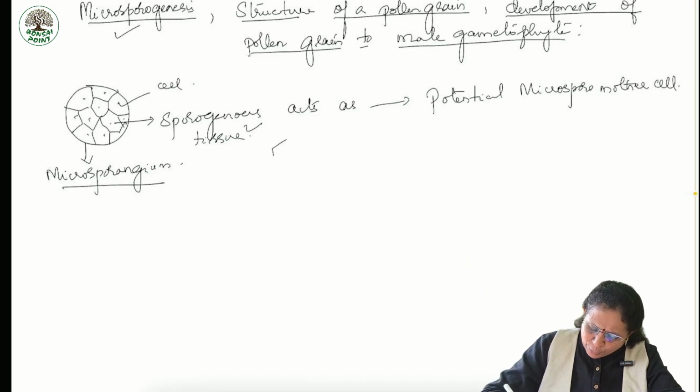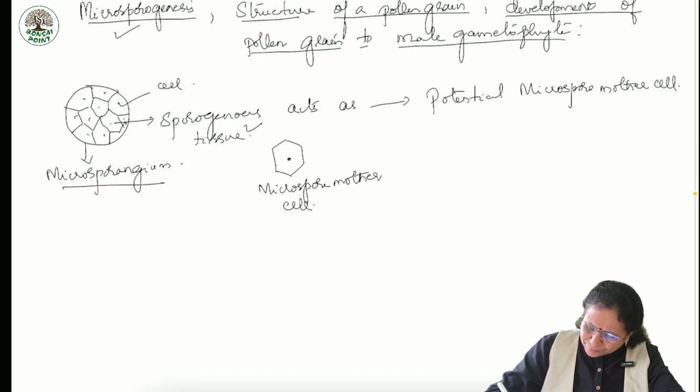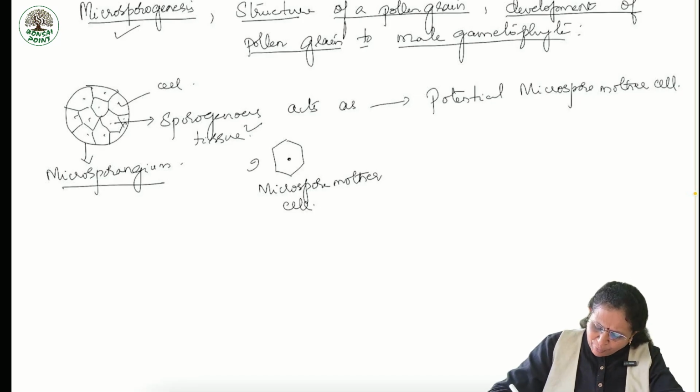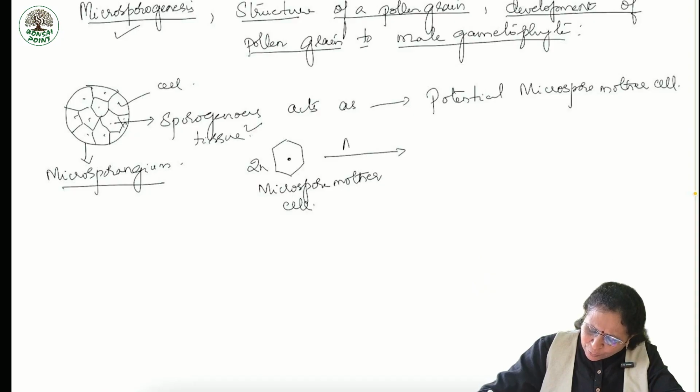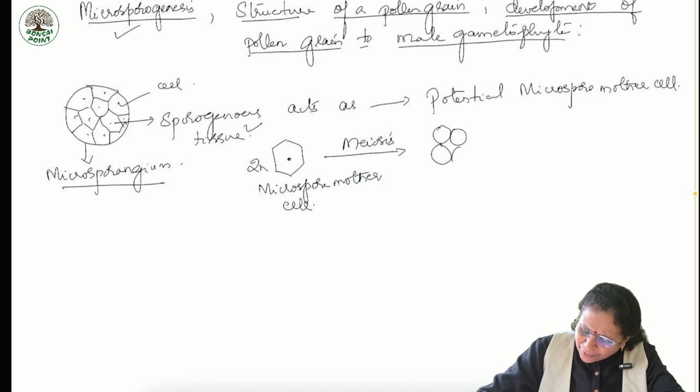Now let me assume this as one microspore mother cell. Microspore mother cell, right? This is diploid in nature. This microspore mother cell undergoes meiosis so as to form 4 haploid cells which are attached.